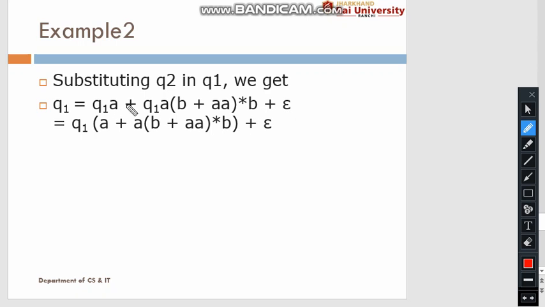Now take out the q1 term which is common in both the terms. So we take q1 as common. So now it can be written as (a plus a into (b plus aa) whole to the power clean closure b) plus epsilon.